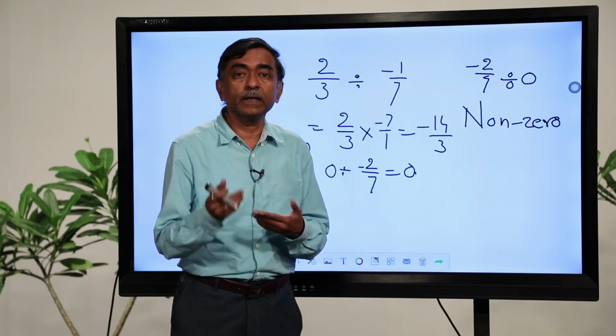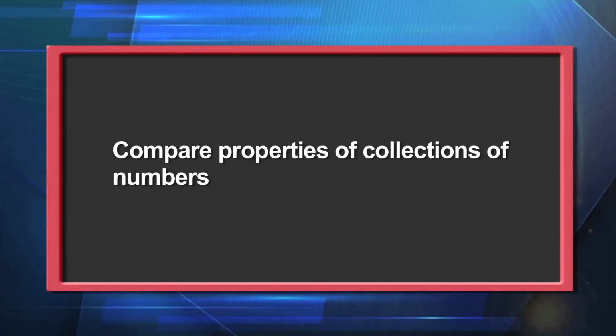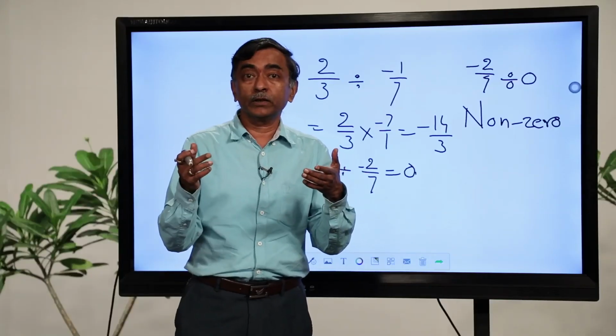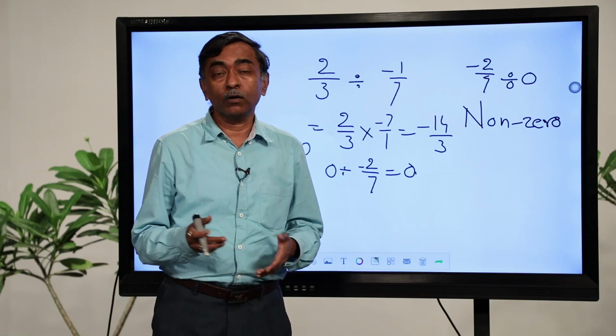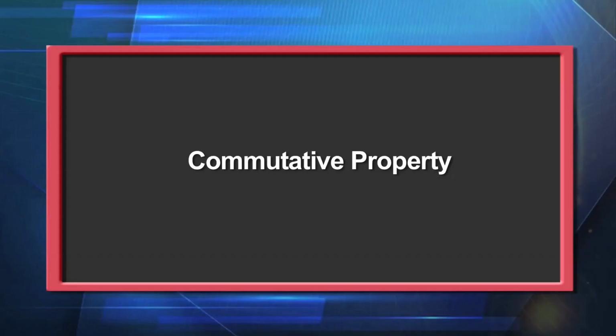This is interesting to see, so try to compare the different properties of the collections of numbers that you have studied till now, and you will find interesting things. Now, let us switch over to another property, that is commutativity.